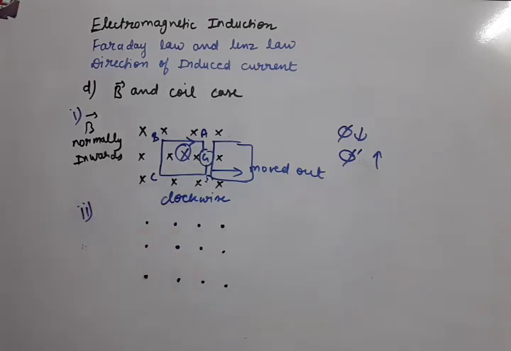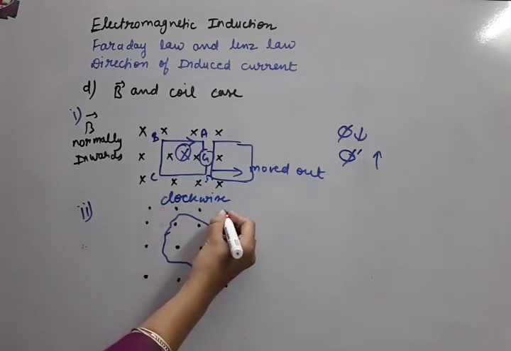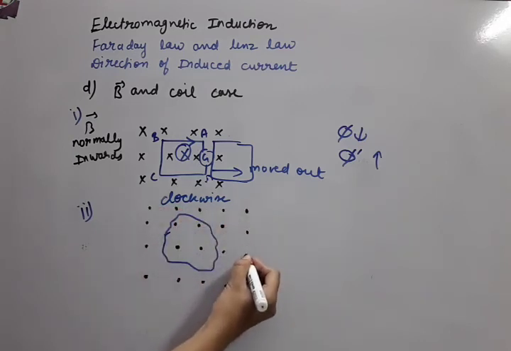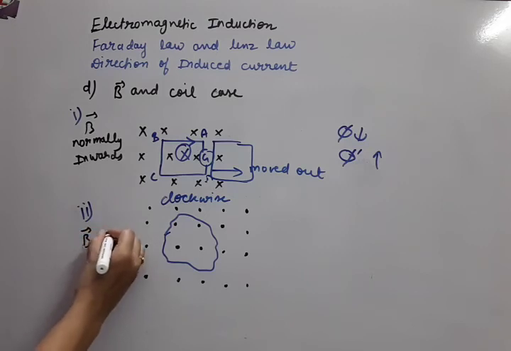Now here one coil is given like this. Let me show some more dots. This is a uniform magnetic field given in the form of dots. Dots mean the magnetic field is normally outwards. So let me write it, the original magnetic field is normally outwards.